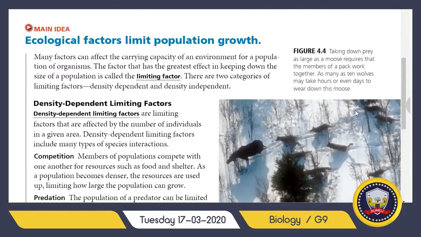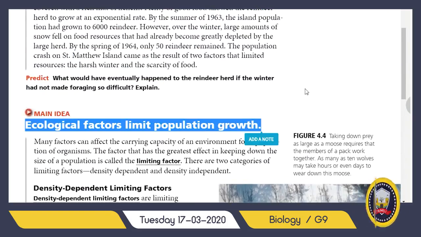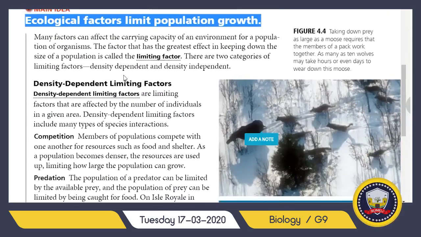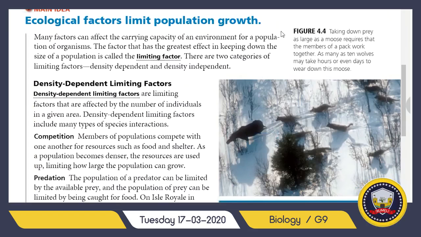Now, we have also other ecological factors that limit population growth. Okay, so let's say you are hungry and you do not eat rice, and in your household only rice is presented. What will happen to you? Your growth will be limited.